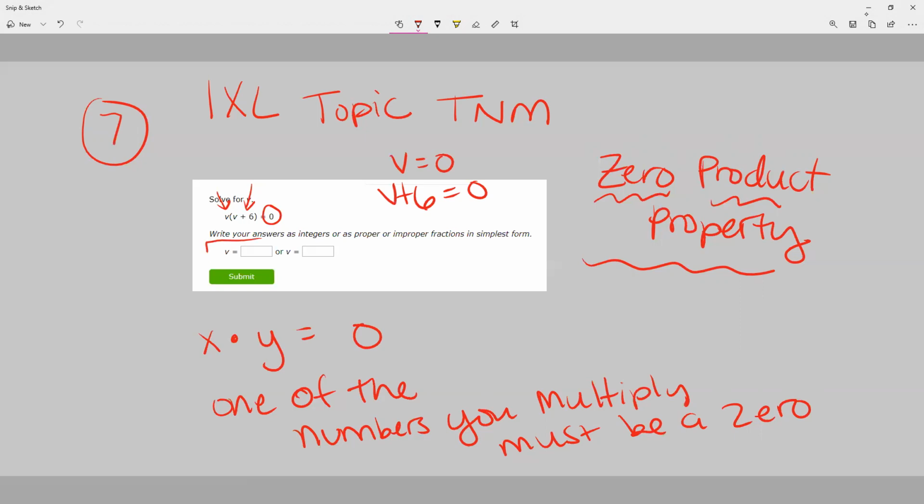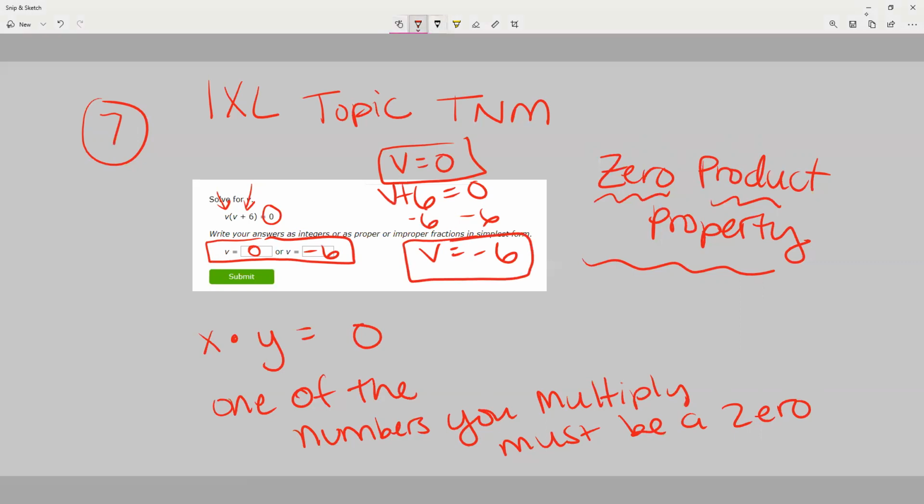And you'll notice here it says what v would be. In this case, v is 0. So one answer is that v is 0. V plus 6 equals 0 means that if you subtracted the 6 away here, you'd get v equals negative 6. So that means that v could also be negative 6. So either v is 0 or v is negative 6. That's the way to make this math problem multiply to equal 0.